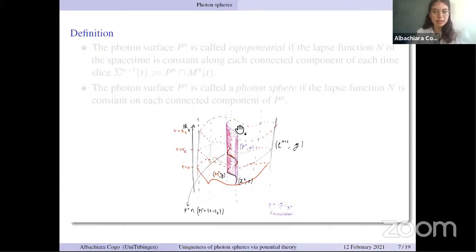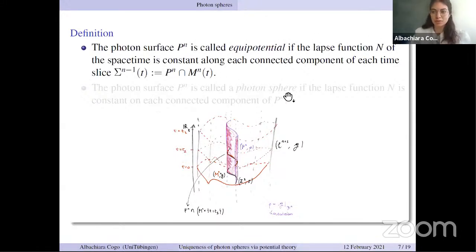Okay, and a specific case of photon surface is given by the equipotential one, which means that if we consider this surface Sigma, (n-1)-dimensional, which is given by the intersection of the photon surface and the Riemannian manifold (M, g), which foliates the spacetime at some fixed time t, then, in the picture, it is represented by this red line.